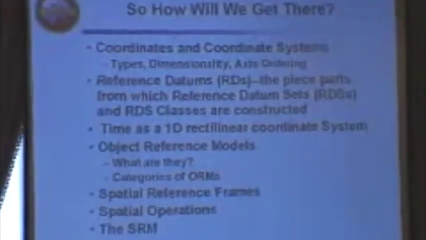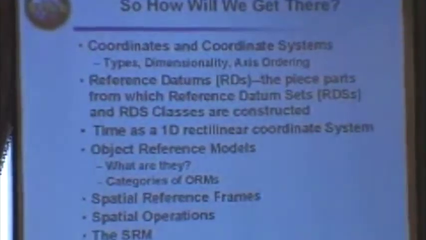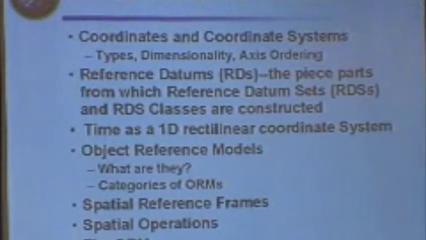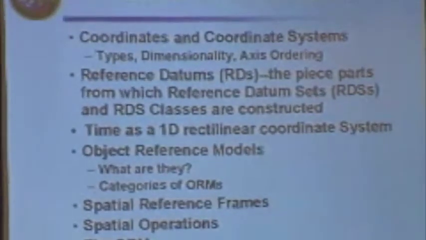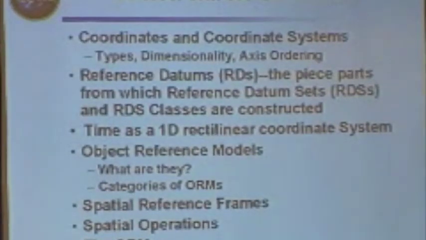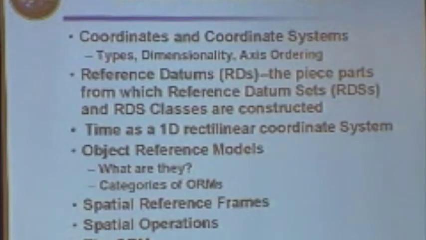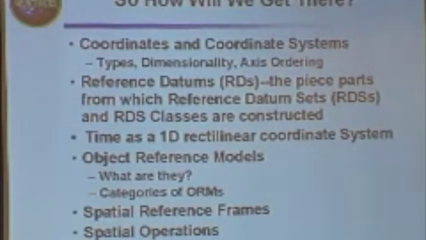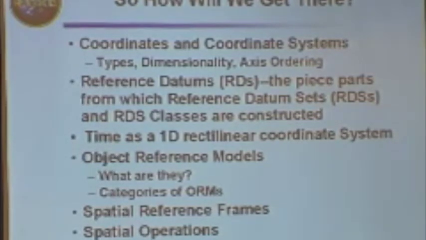Ralph has already mentioned that we need to be very clear and unambiguous about what we mean by time. And then we need to create object reference models for the objects we want special referencing for. And then we put these parts together and produce spatial reference frames for which we can look at operations. And when we put all this together, the conglomeration of all this is going to be the spatial reference model, the SRM.